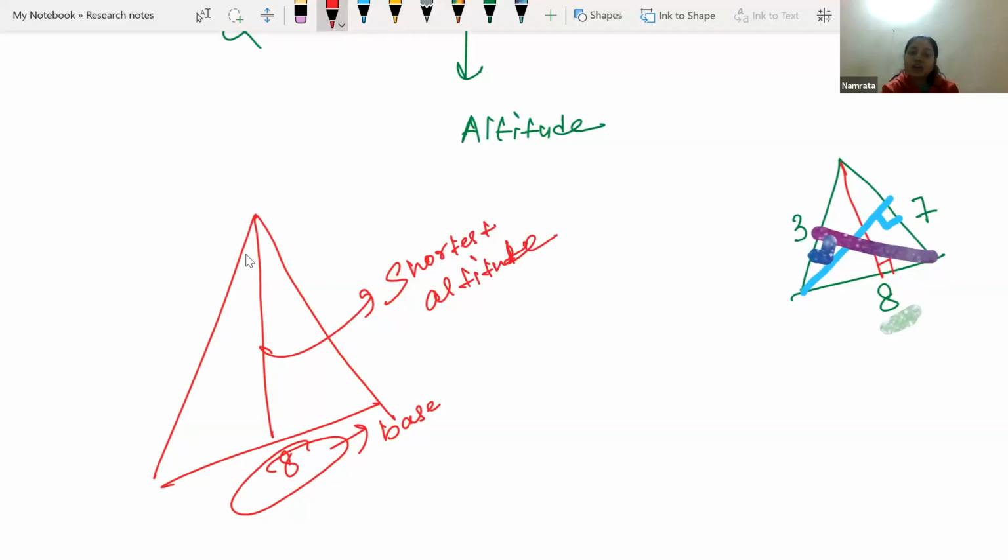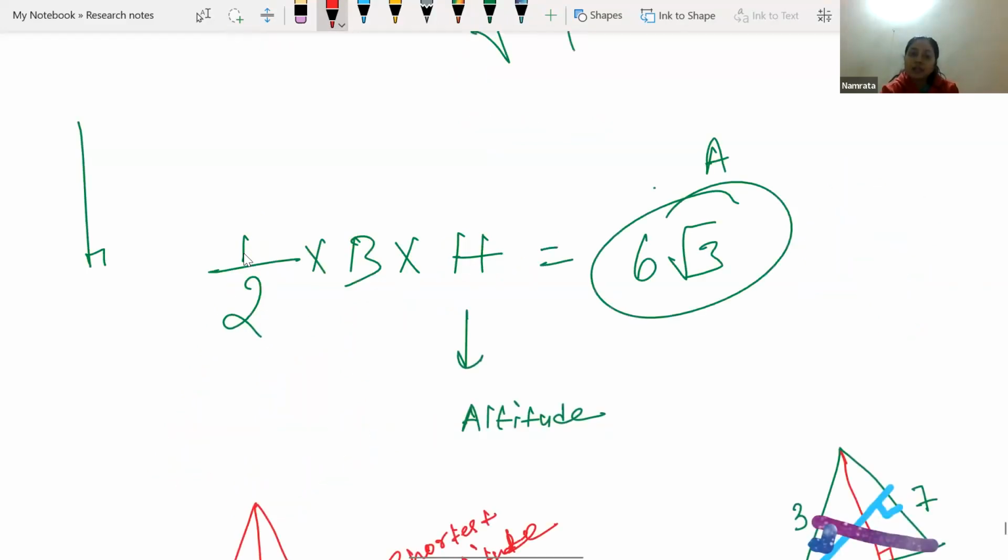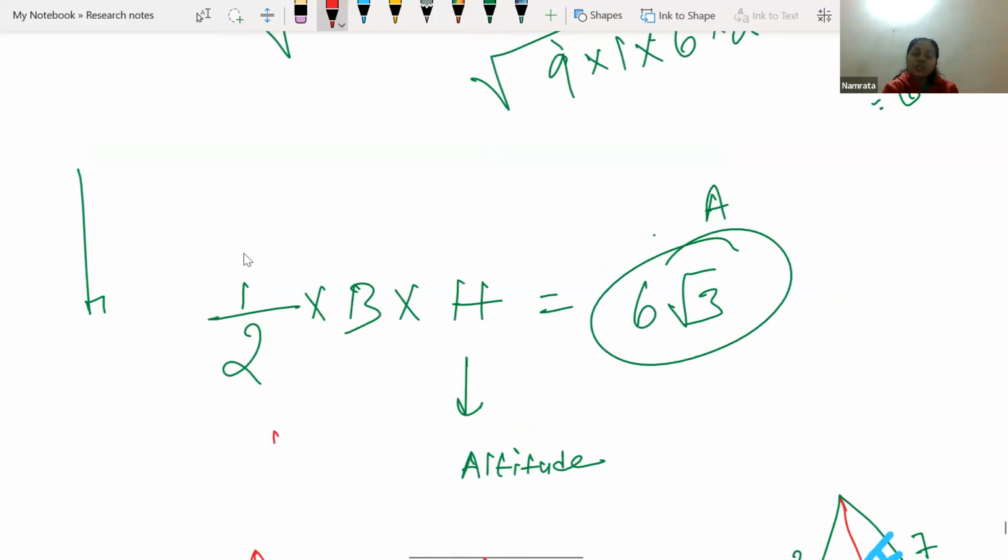Now the formula is 1 by 2 times base times height. When we have to find the shortest altitude, the base is supposed to be the largest side. That is 8 into altitude, which is what we have to find, equals 6 root 3. 2 and 4 cancel out.